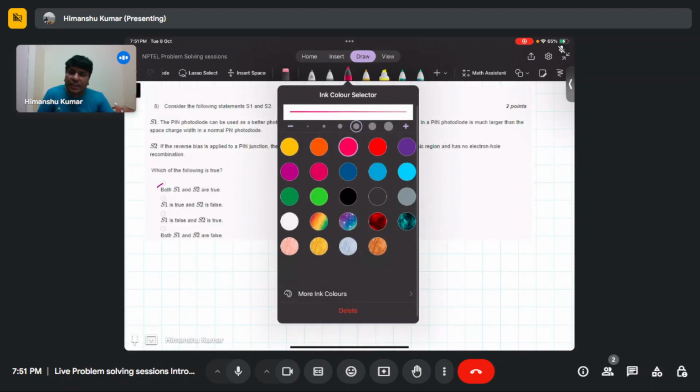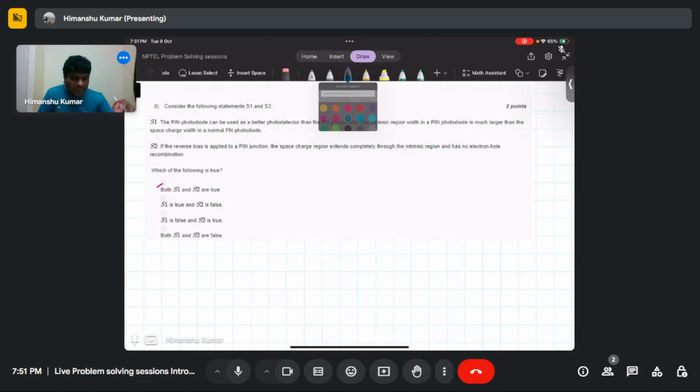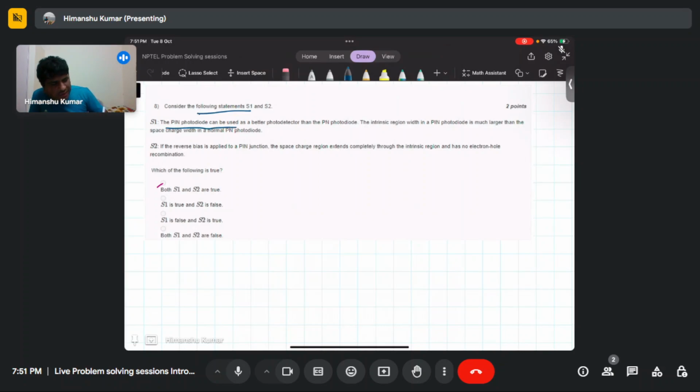With this, let's move to the next problem. Consider the following statement: the PIN photodiode can be used as a better photodetector than the PN photodiode. The intrinsic region width in a PIN photodiode is much larger than the space charge width of the normal PN photodiode.